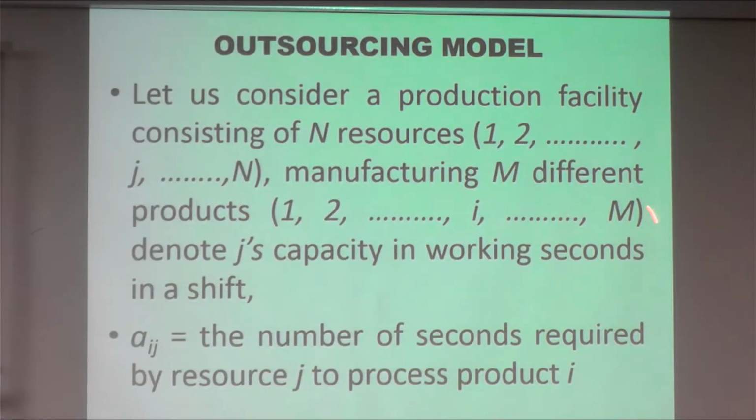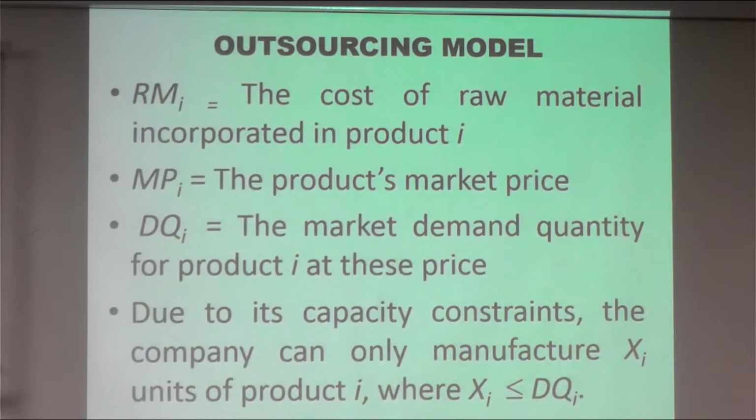Total M types of products, so i varies from 1 to M. So DQi is the market demand quantity for product i. Due to its capacity constraint, the company can only manufacture Xi units of product i. That means Xi is less than DQi.